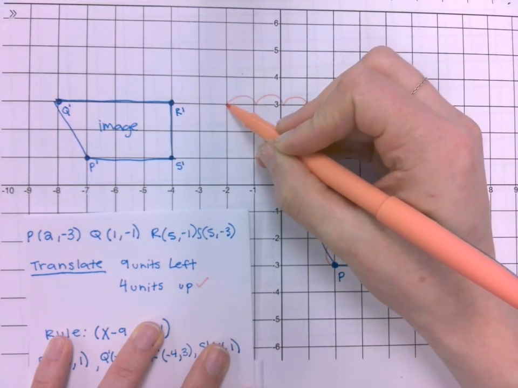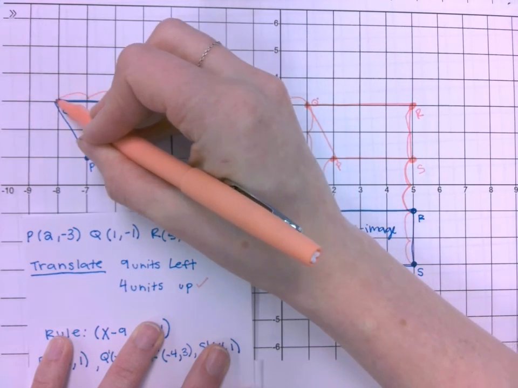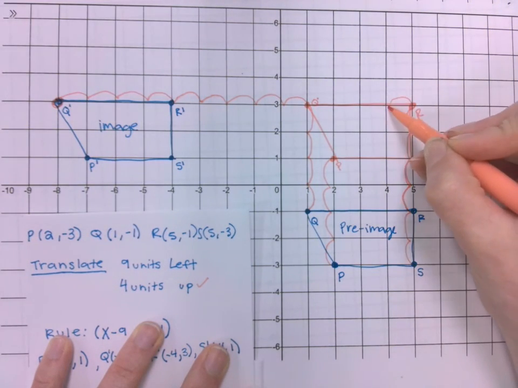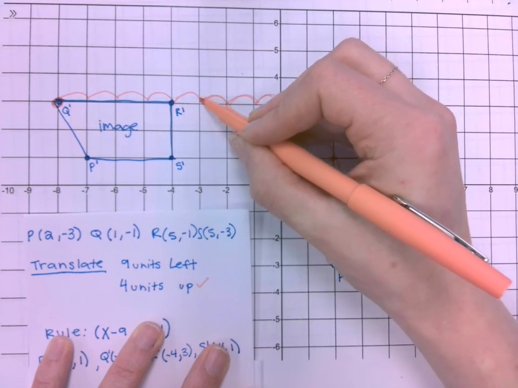1, 2, 3, 4, 5, 6, 7, 8, 9, and look where we are at. Okay, this point. 1, 2, 3, 4, 5, 6, 7, 8, 9.